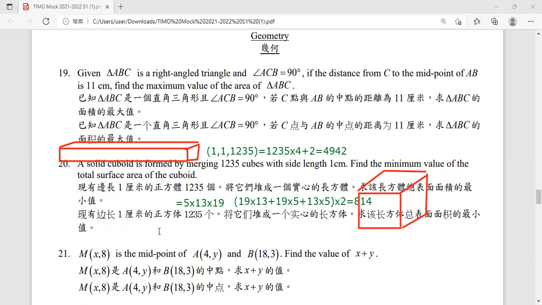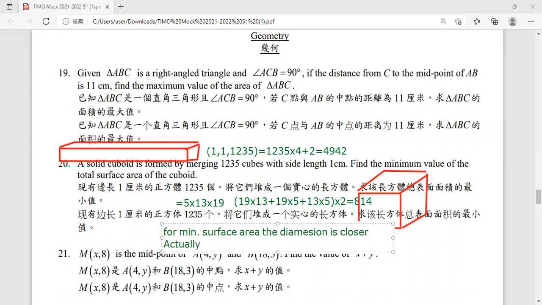So you'll find the way is that the dimensions are closer. It's like a sphere.